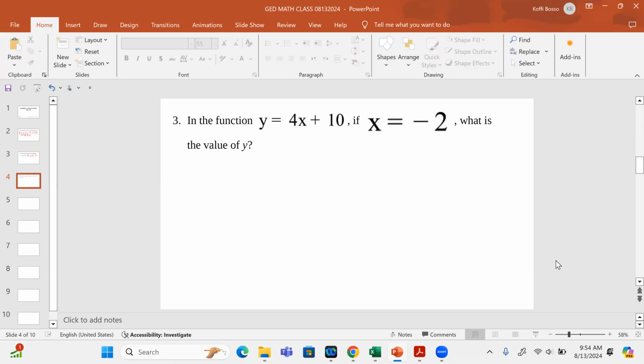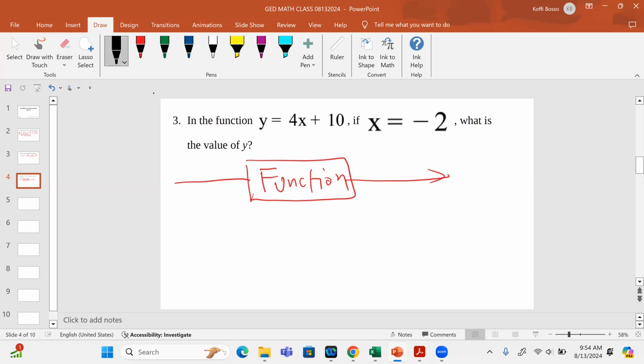Okay, understand this. I described a picture of a function, but let's draw it for you. See this function like a machine. When we plug something in, we get something out.